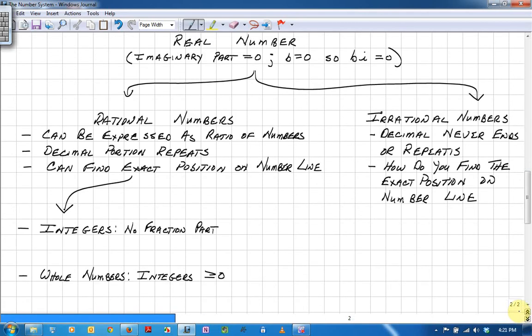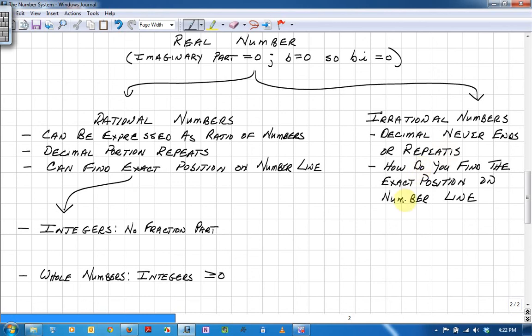Okay, so in the real number system, and remember we said that the imaginary part is equal to 0, we have two types. We have the rational numbers, and we have the irrational numbers. Now, an irrational number is a number that has a decimal part, and that decimal is never going to end, and it's never going to repeat. So you could never actually place the position of that number on a number line.